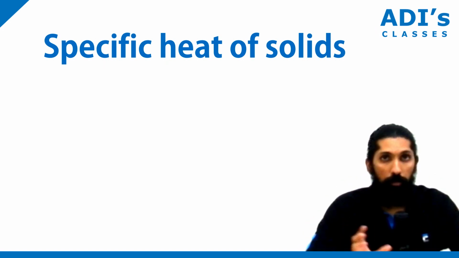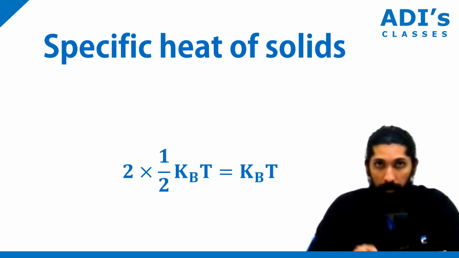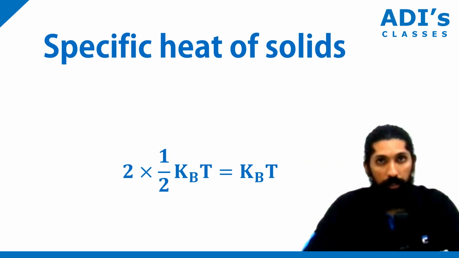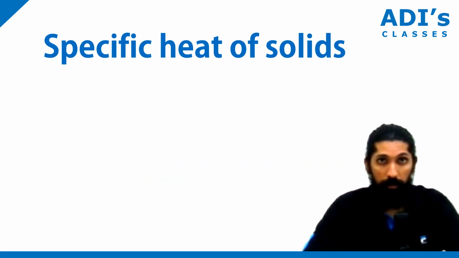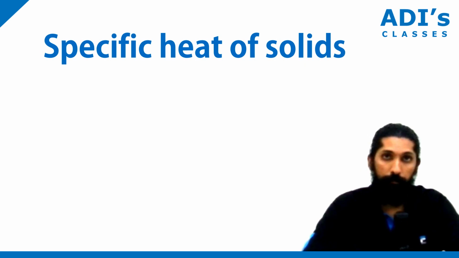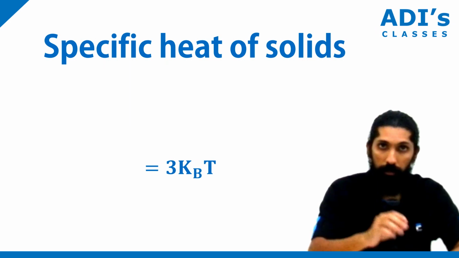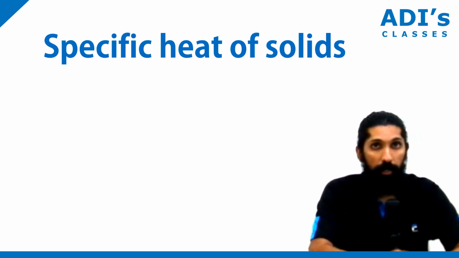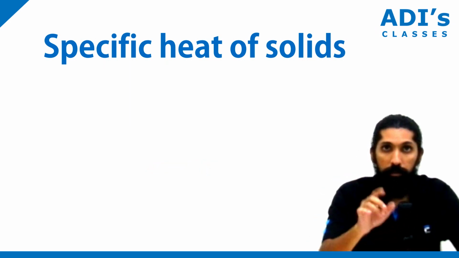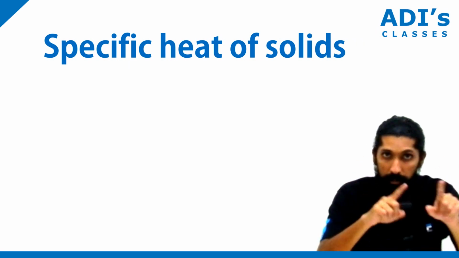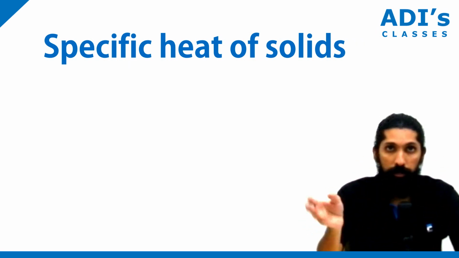When the body oscillates in one dimension, it has an energy given by 2 times half kB T, which is basically kB T. If I do the same thing in 3 dimensions, then the energy per atom is going to be 3 kB T.